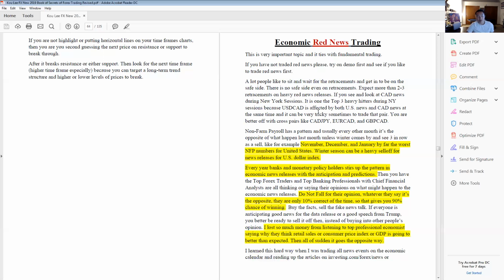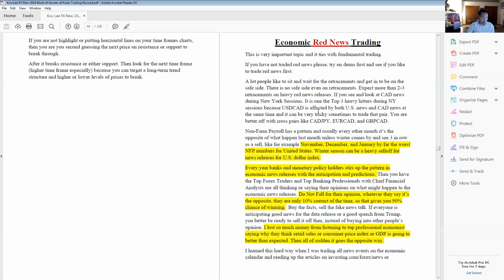They're economists, like the top economic people to listen to because they have a master's degree in economics and they've been trading for 12, 15 years. But you know what? Some of them don't even trade at all. Some of them are hired as economists, and all they do is just talk about economics. That doesn't mean that they're a trader.